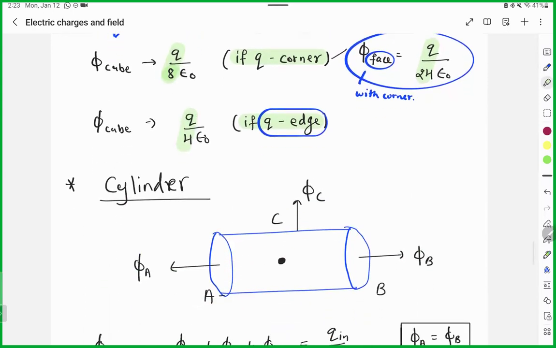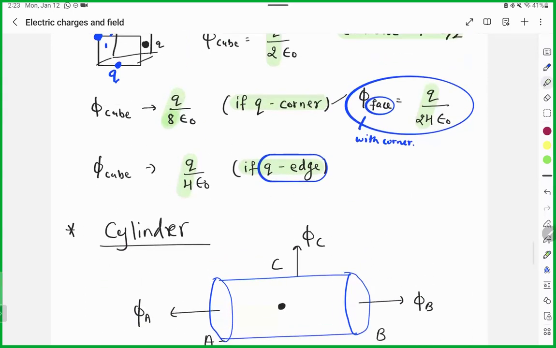Any doubt, guys? Sir, can you explain once? If you have one cube, this is one cube, okay?